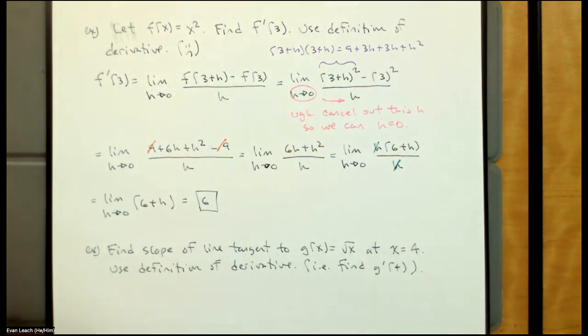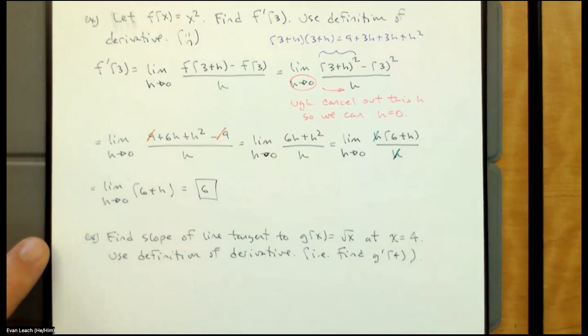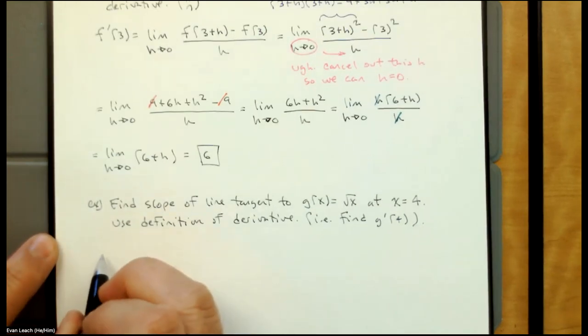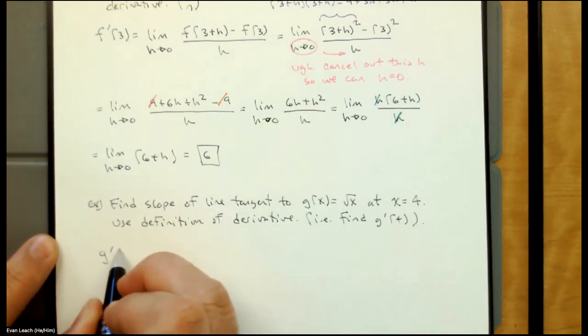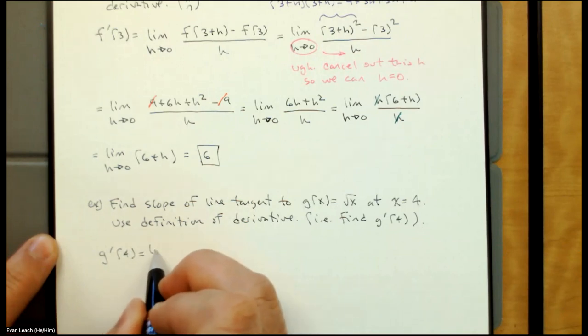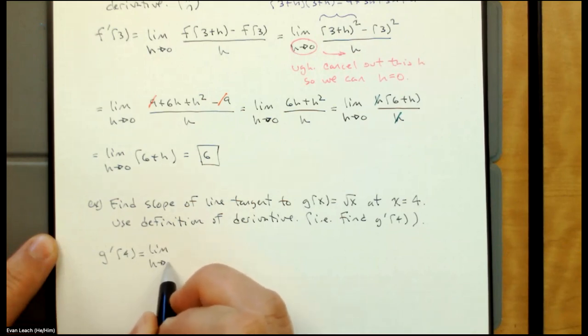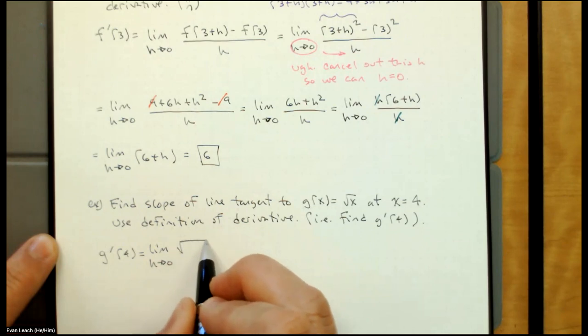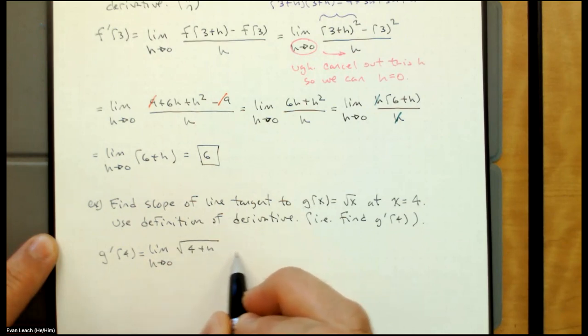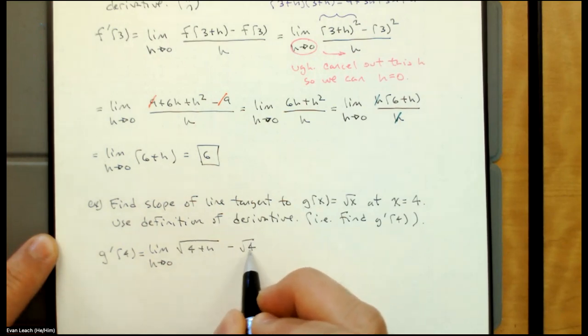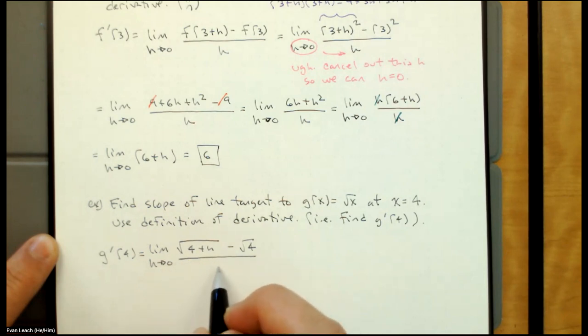We don't know the power rule yet, even though I know some of you do know the power rule. You have secret mathematical knowledge, which is okay. g prime of 4 is going to be the limit as h goes to 0 of the square root of 4 plus h minus the square root of 4, all over h.